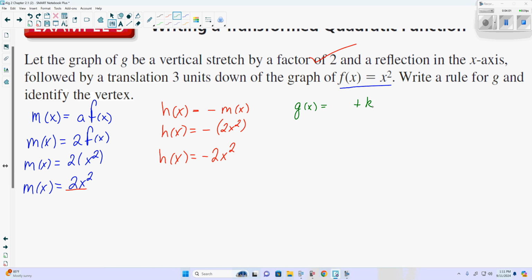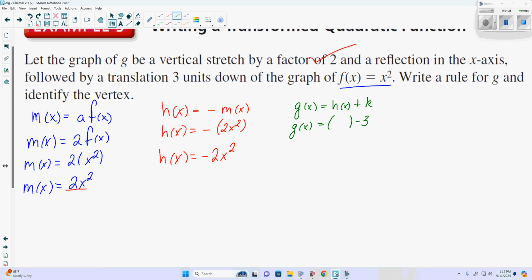And our last one, when we translate something up or down, it was that f of x plus k. Not applying it to f of x, we're applying it to h of x. So g of x would be h of x plus k. We'll make this nice and simple. Our k is 3, but it would be negative because it's going down.